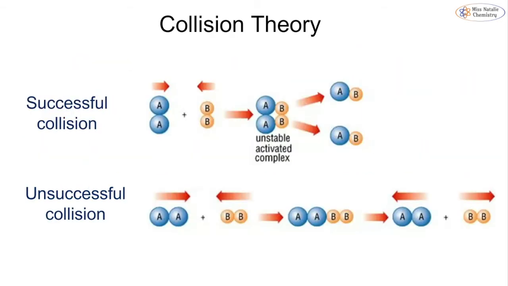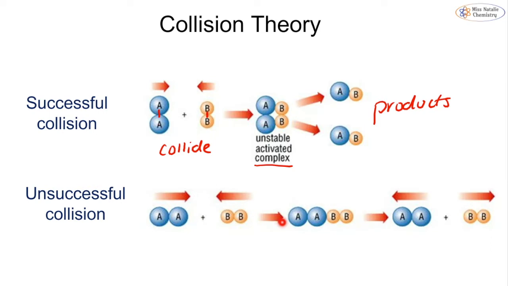So here's a slightly better drawing of how collision theory works. So a successful collision here, again, is between A and B. And you can see that we have two atoms that are going to be bonded together. These two things are going to collide or hit each other, and they have enough energy where they will stick together in this complex just for a second, and then they will split apart, forming our new products, AB and AB.